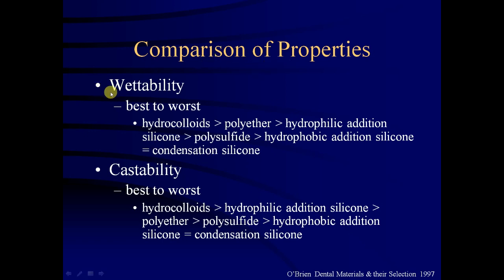Comparison of properties according to wettability best to worst: hydrocolloids, polyethers, hydrophilic addition silicon, polysulfide, hydrophobic addition silicon, condensation silicon. Hydrophilic means which contains water, which retains water.